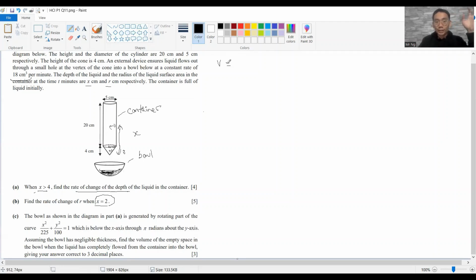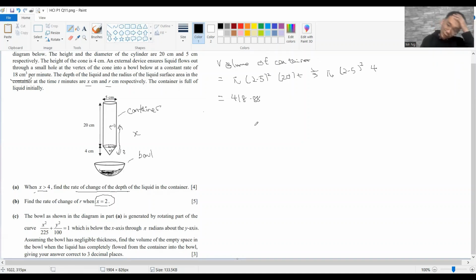Now this V, I will just write volume of container, will be equal to pi r square h plus 1/3 pi r square h, and the value will be 418.88.